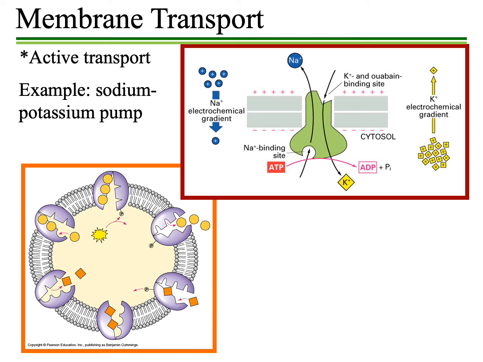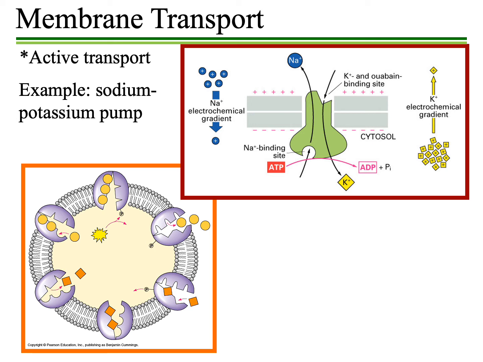And so what you need is a mechanism that imports or utilizes energy to allow for the movement of these two to occur. In the left-hand panel, what you're looking at is a sequence of events that takes place during the transport mechanism. So what I want you to do first is look at the figure on the left-hand side.